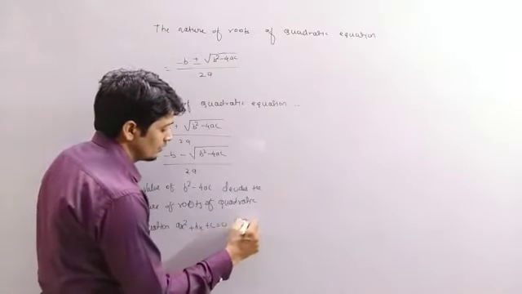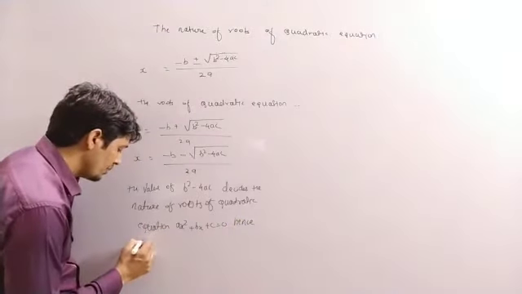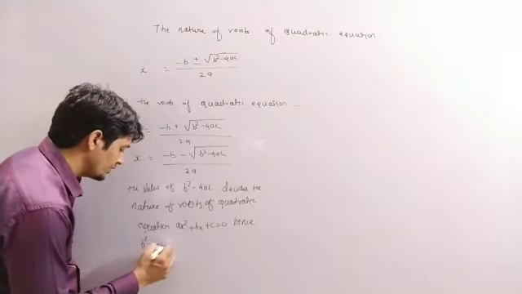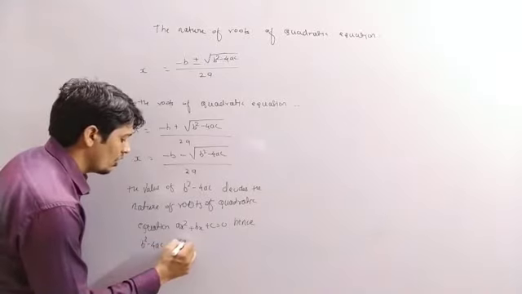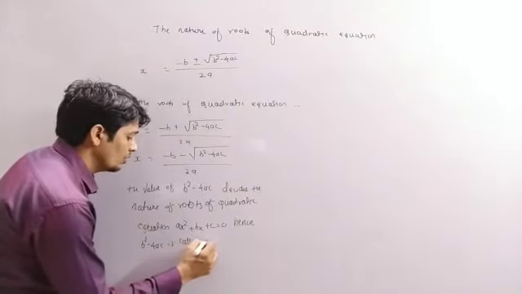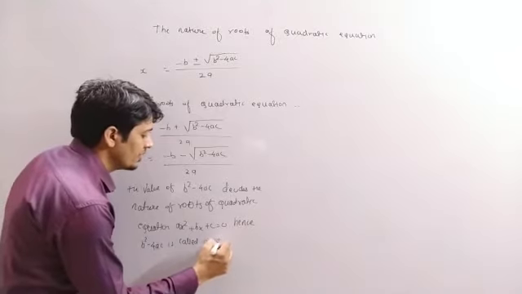Hence b square minus 4ac is known as the discriminant.